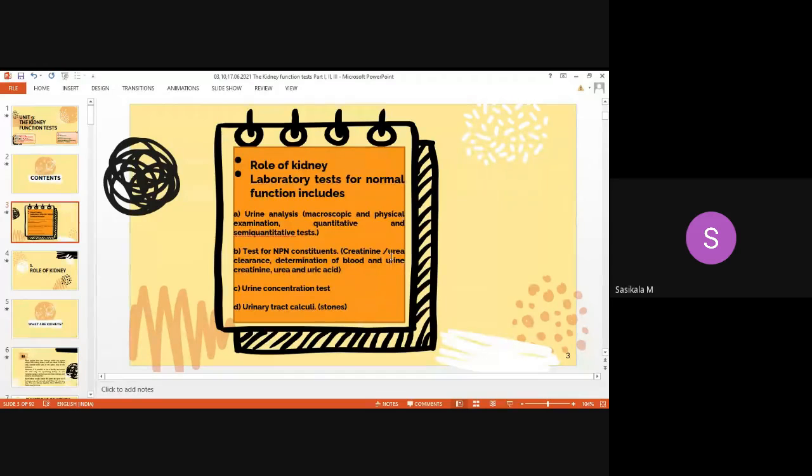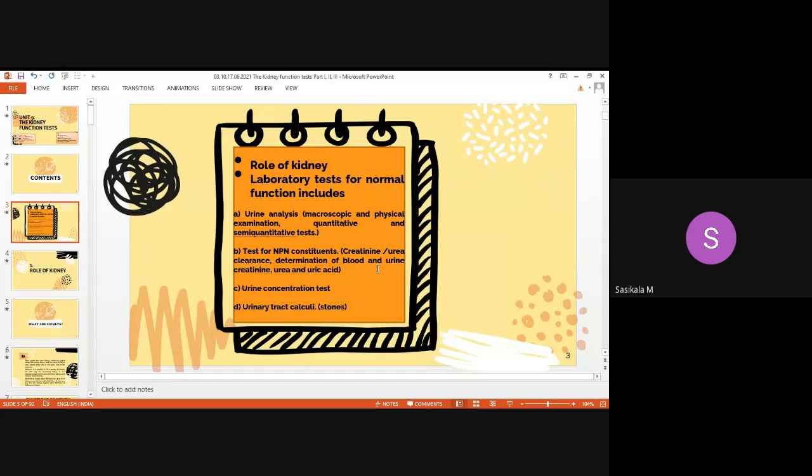For urea and uric acid, in the forthcoming practicals, we will discuss the determination of urea and uric acid. In the coming practical classes, I will give an explanation on urea and uric acid estimation. You can refer to your manual for the methods followed for blood urea and blood uric acid quantitative determinations.